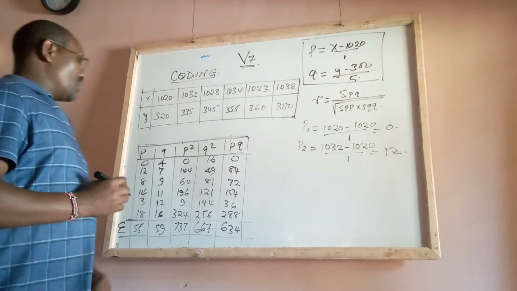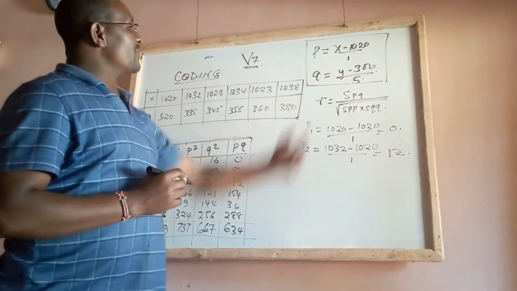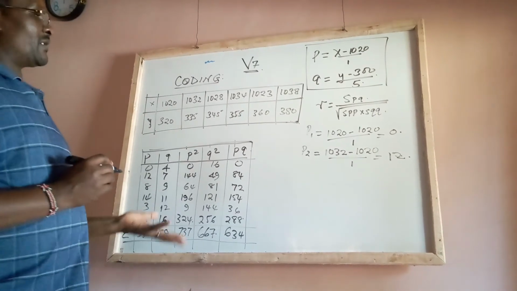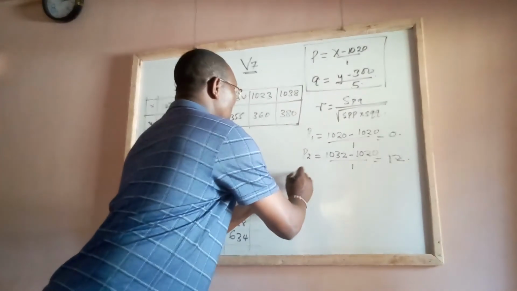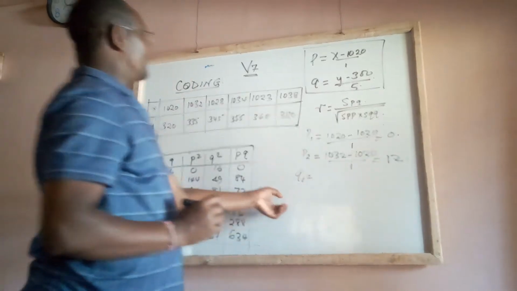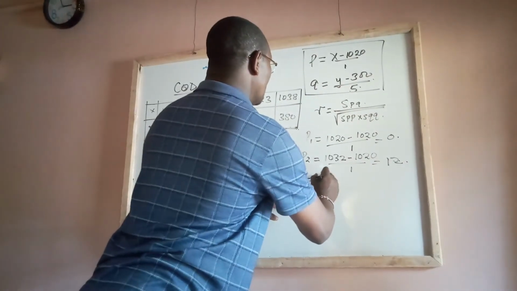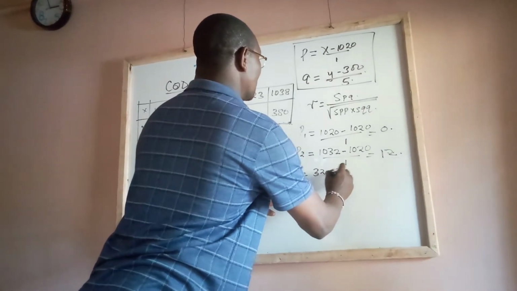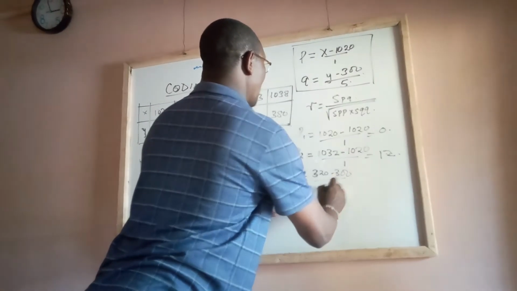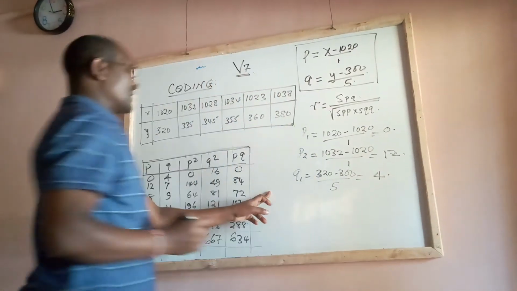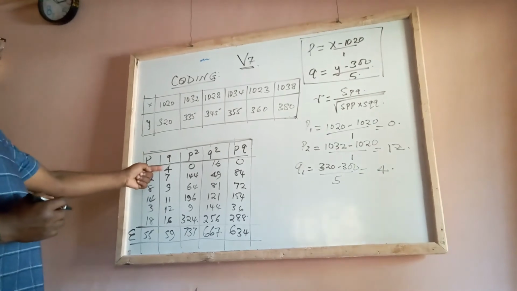What about q's? We have been advised that for every value of y, we have a corresponding value of q. For instance, q1 is realized after taking the value of y, which is 320 minus 300 divided by 5, and this is 20 divided by 5 which is 4. That is why we have the value of q1 being 4.